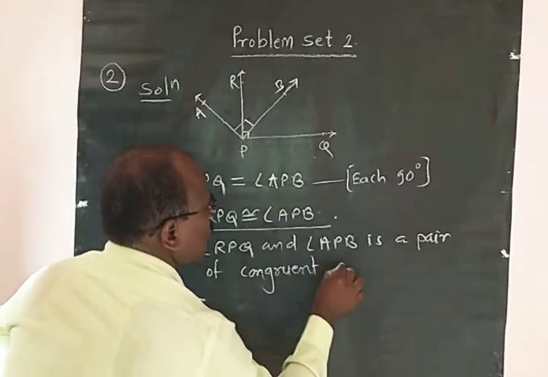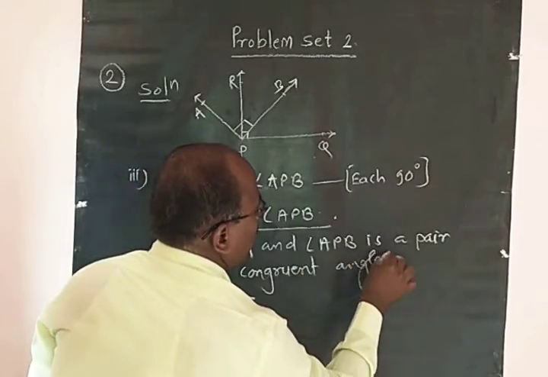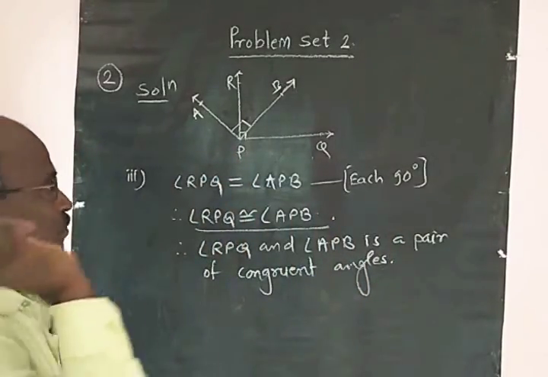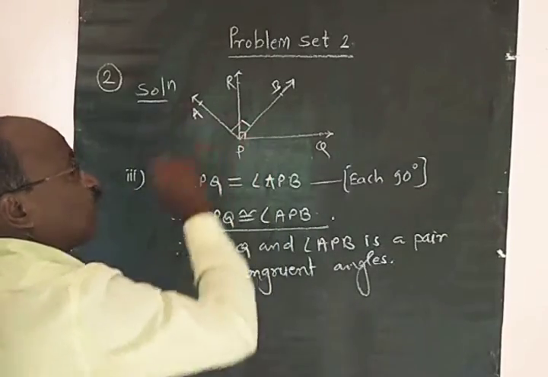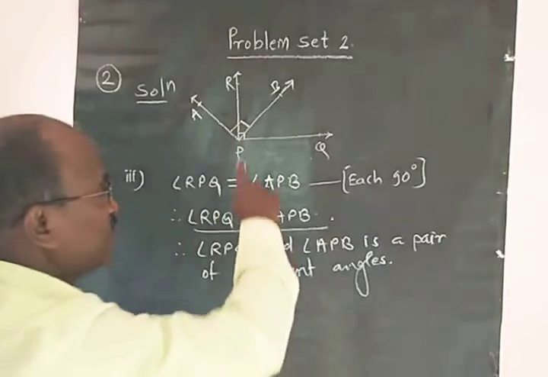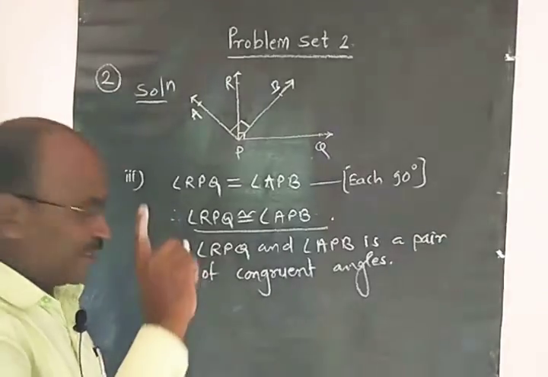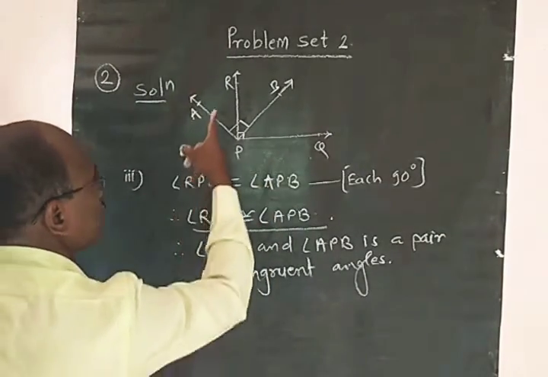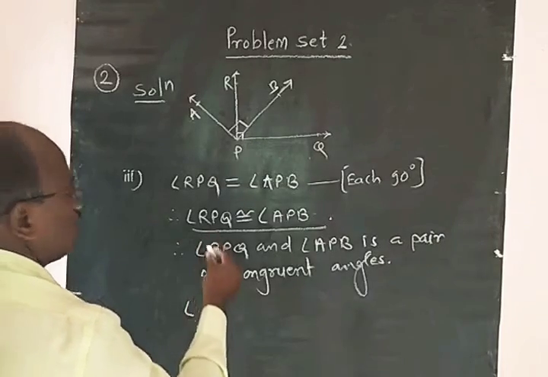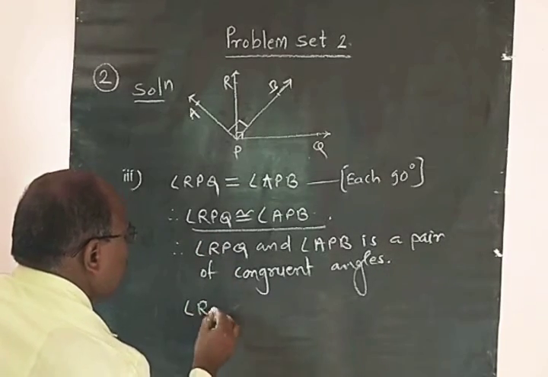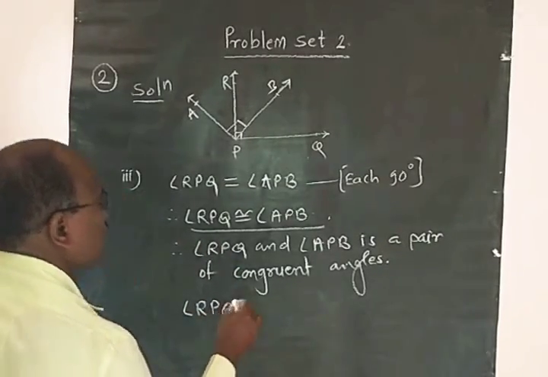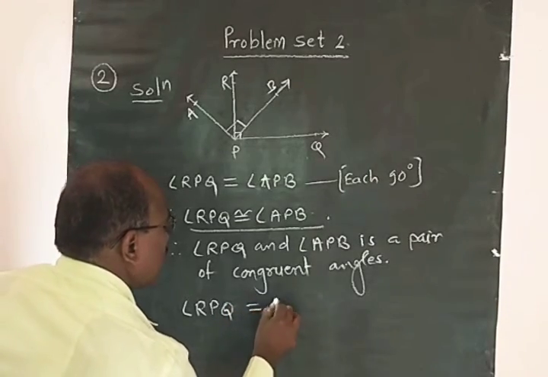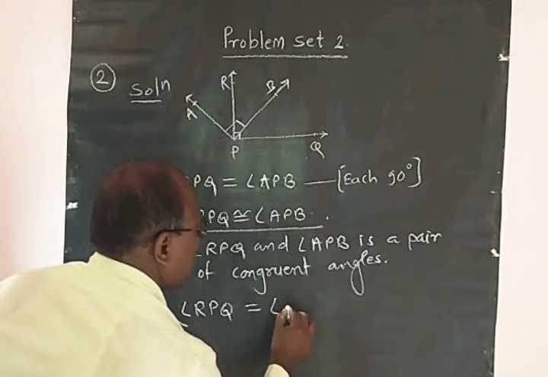This is the one pair. Again here these two angles are congruent, meaning the sum is 90 degrees. So now look here, angle RPQ is equal to angle APB.